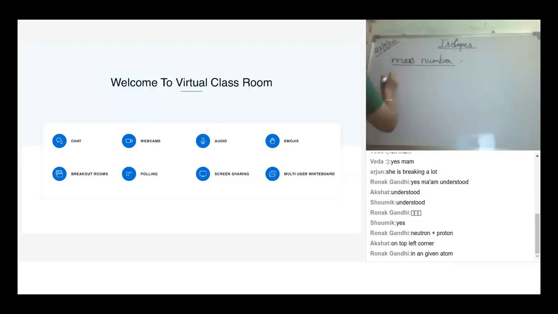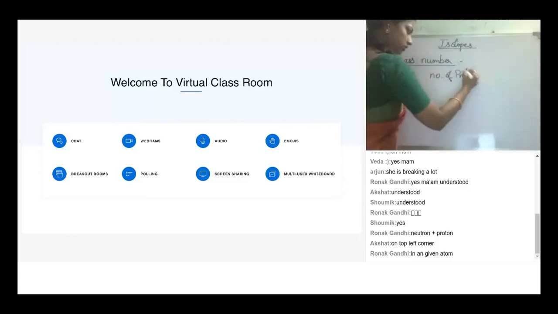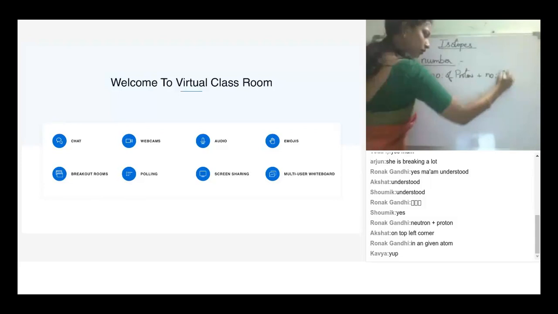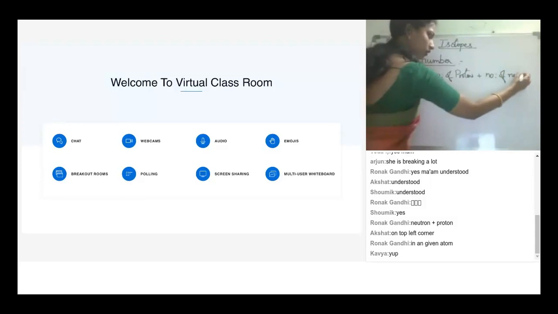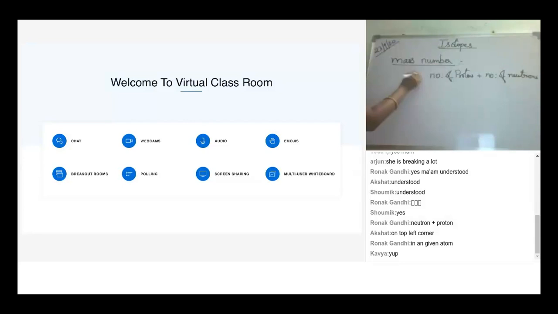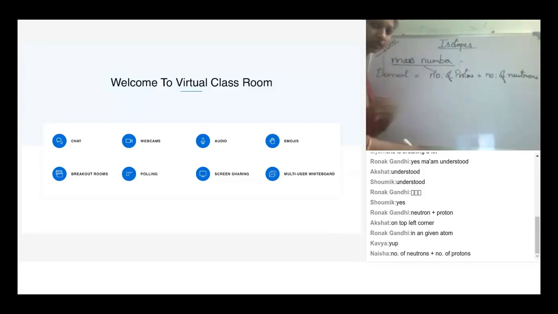Mass number is the number of protons and neutrons present in the nucleus of an element. So mass number is nothing but number of protons plus number of neutrons. Yes, correct, Akshay. What you said is correct.